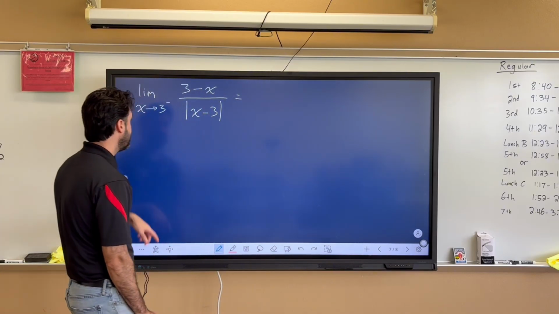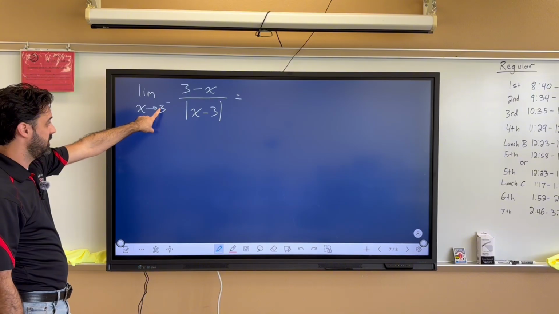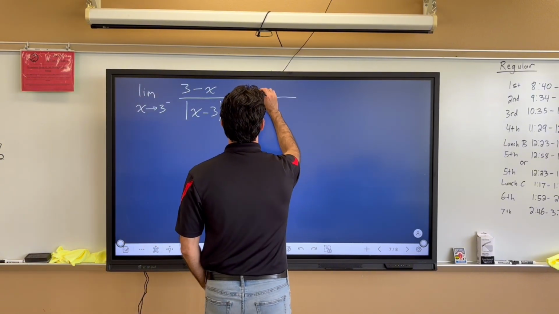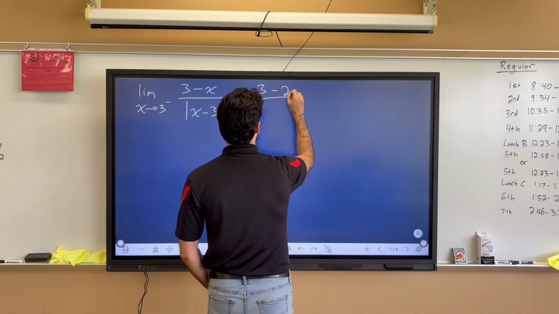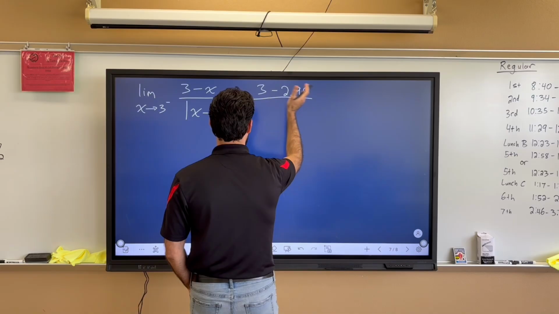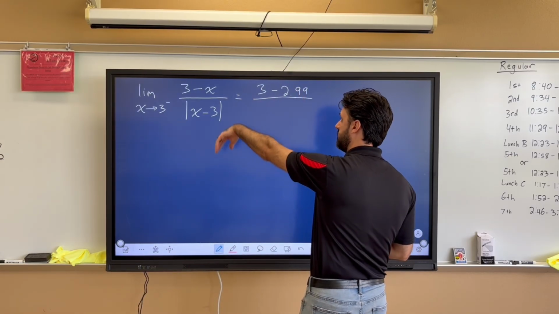Because it's a one-sided limit, we're going to plug in a value that is very close to 3, but just to the left of it. So I'm going to replace both x's here with 2.99. There's no magic decimal place to go to. 2.99 is just to the left of 3.